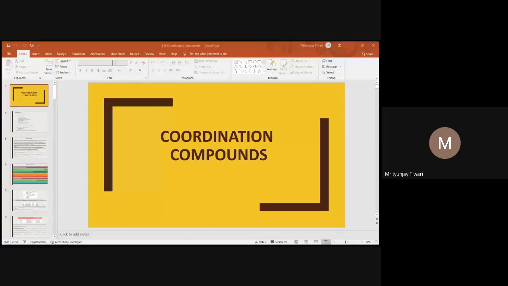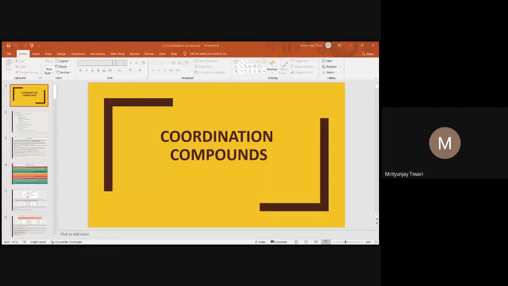Both NH2 groups will coordinate with the metal, so it can form two bonds with the metal, and we call it a bidentate ligand. And there are many ligands which can form many bonds with the metal. For example, EDTA, ethylene diamine tetraacetate, can form up to six bonds with a metal, and so it is a polydentate ligand. So monodentate, bidentate, then polydentate ligand.